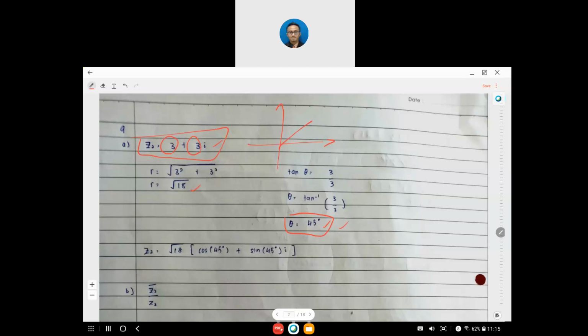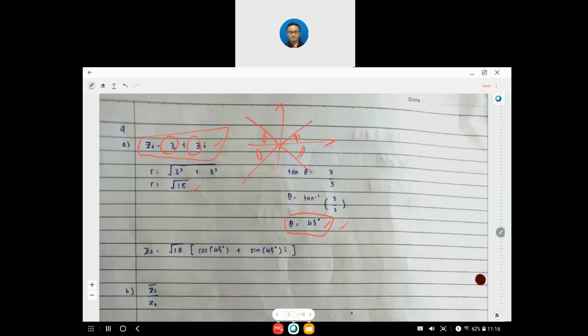Okay, jangan tekan calculator je terus ambil that value. No, you must check first. Okay, your Z2 belongs to which quadrant? Sebab the value of theta given by your calculator is the reference angle, yang sudut yang bercantum dengan paksi X. Okay, here, here, here, and here.